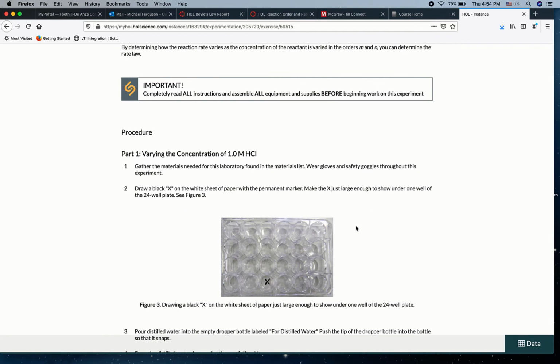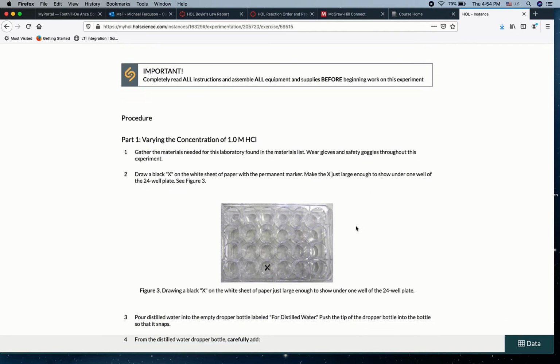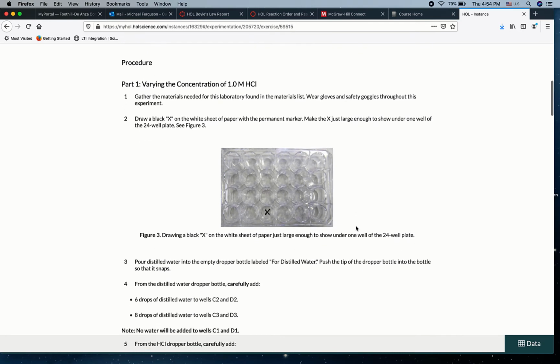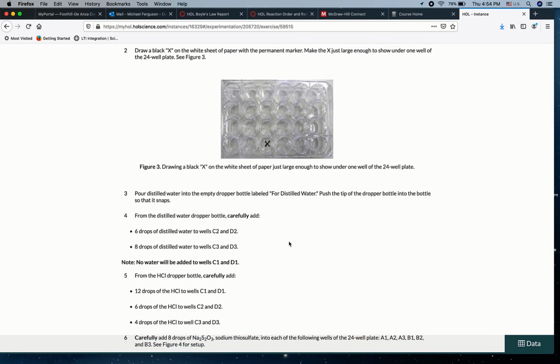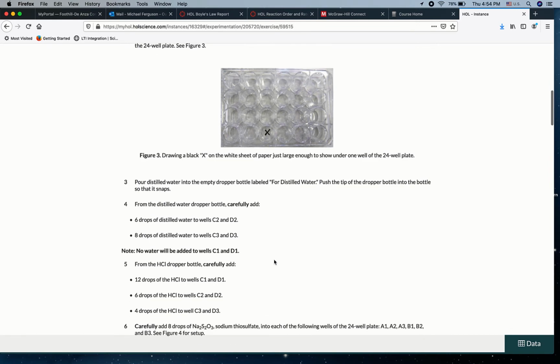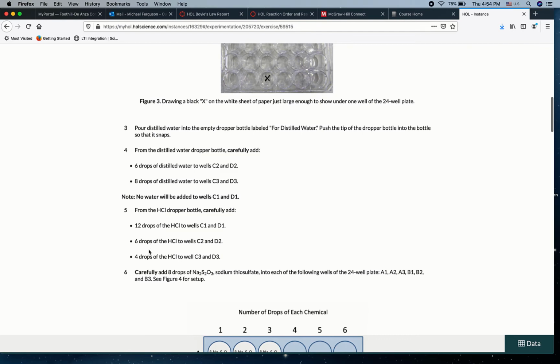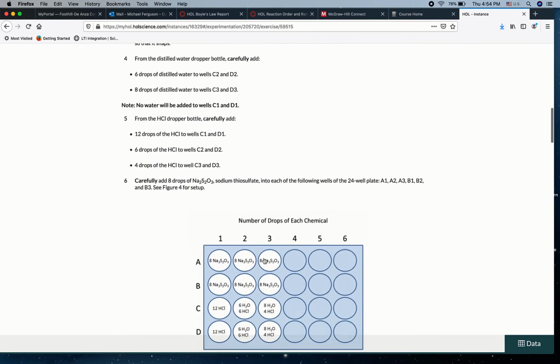And so first thing I'm going to do is vary the concentration of the hydrochloric acid. You go through this and add distilled water to these various places, and then from the hydrochloric acid, HCl, add the drops here as such.